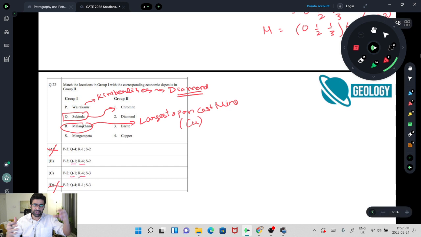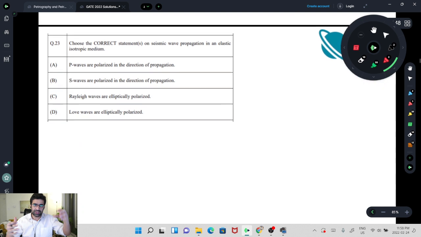Q will go with 1, R will go with 4. Now this Mangampeta is in Kadapa. This is also easy, because this is one of the largest barite deposits of the world. So S will go with 3. So the correct answer will be C for this question.